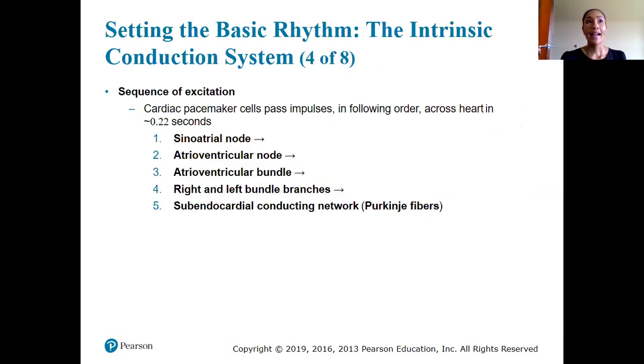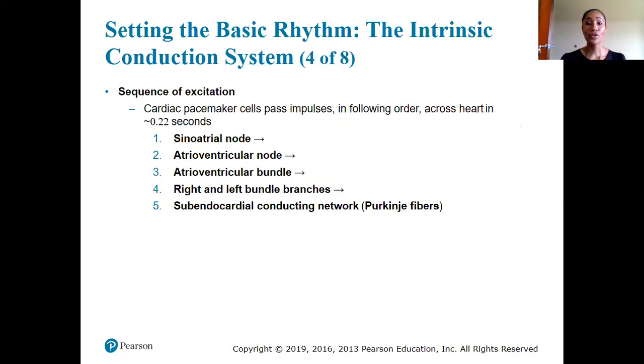So the way that the intrinsic conduction system works is that we're going to initiate the action potentials at our pacemaker cells, more specifically called the sinoatrial node, or the SA node. Then that electrical impulse is going to travel to the atrioventricular node, or the AV node.